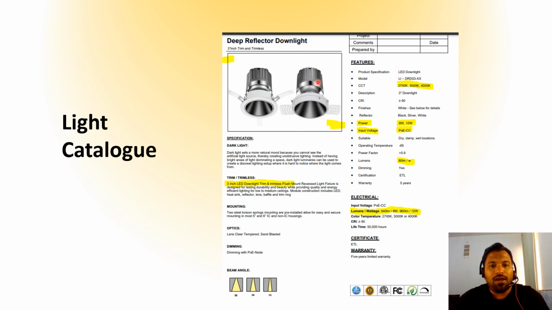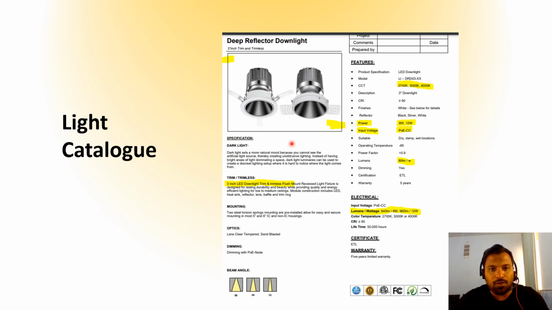How much voltage is required for this type of light? We can give a power source in the 8 volts or 12 volts range. If you give 8 volts to this particular light, it will produce 640 lumens. If you give 12 volts, it will give you 900 lumens.